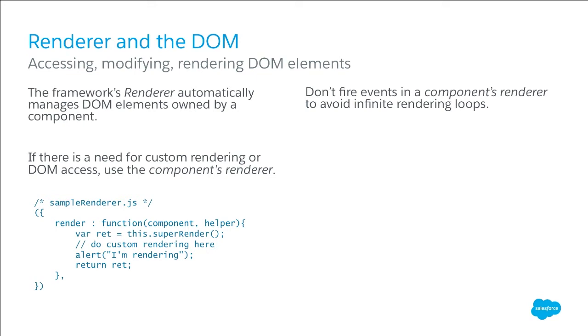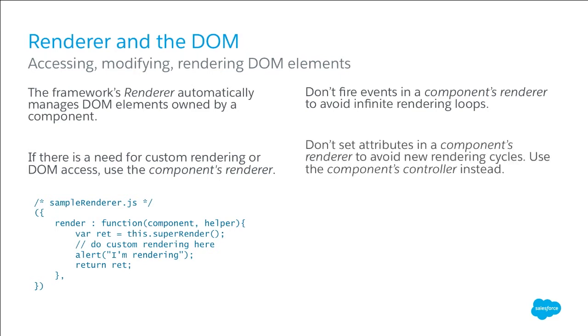With Einstein, maybe something will come up, but right now, no. So don't fire events and don't set attributes, because setting attributes will also cause re-rendering. When you set a new attribute, the component has to be re-rendered, right? You don't want to take that risk. This might also result in infinite loops. Use the controller instead. Don't use the renderer for setting attributes and stuff. Use it only if it's absolutely necessary.